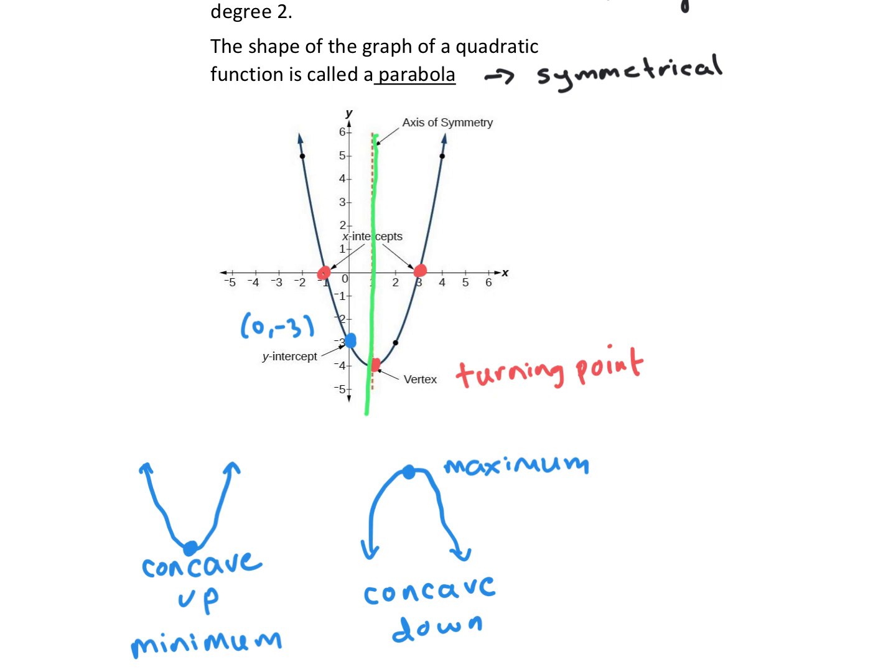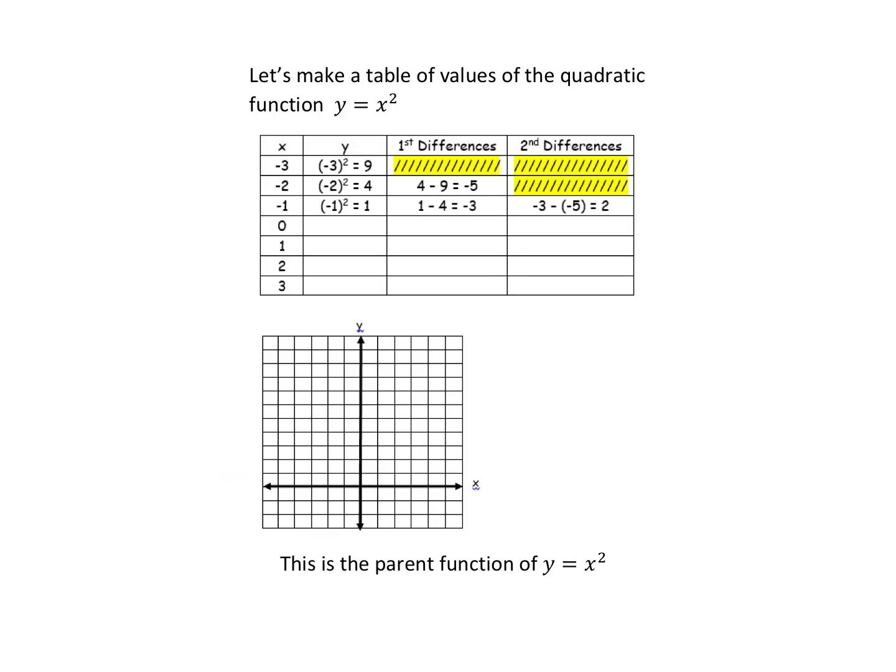This parabola has 2: one x-intercept at (3, 0) and one at (-1, 0). With the y-intercept, x has a value of 0 because it's on the y-axis, and with the x-intercepts, y has a value of 0 because it's on the x-axis. Those are the main properties of a quadratic and the shape of the parabola.